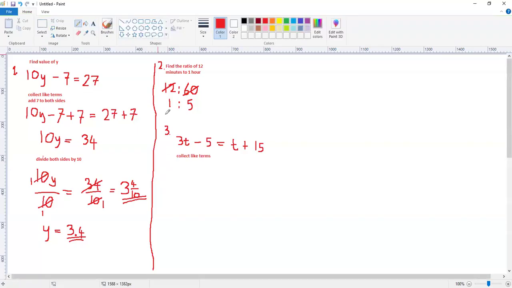What you could do is swap the 5 and the t, and then you'll do 3t minus t, which will be 2t, and then 5 plus 15 is 20. Then 2 times t equals 20, so t equals 20. I mean 10.